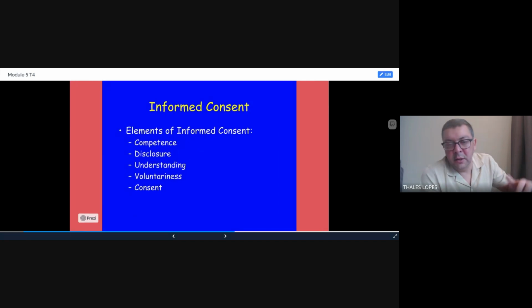So again, in order for the person to give you informed consent, the patient needs to be competent. They have to have competency. You need disclosure of the treatment. They need to understand. You cannot force them. It has to be voluntary.